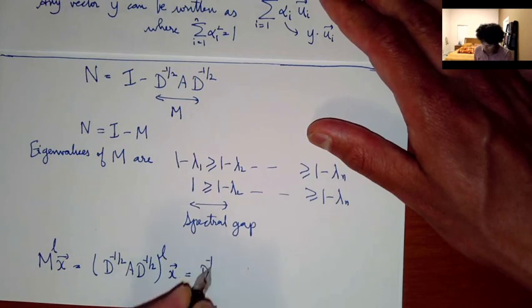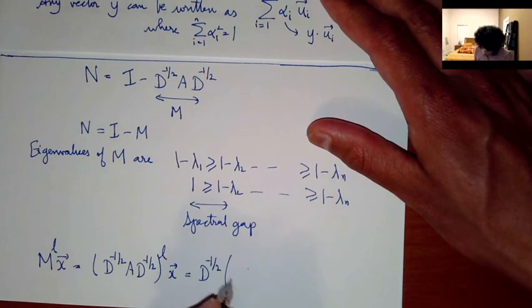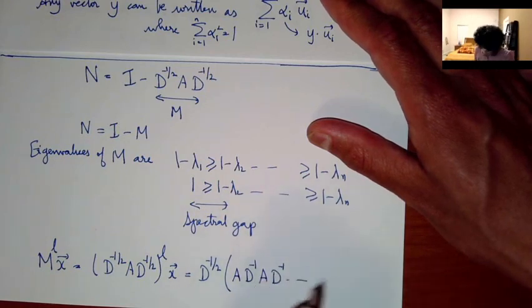If you write this out, what you get is D inverse A D inverse, so on and so forth, where A will appear L times, D to the minus half times x.